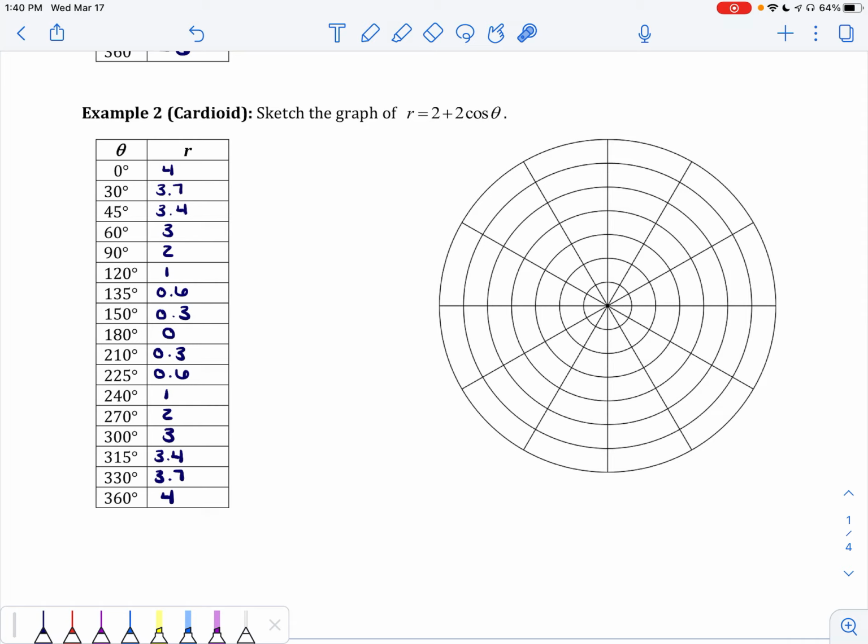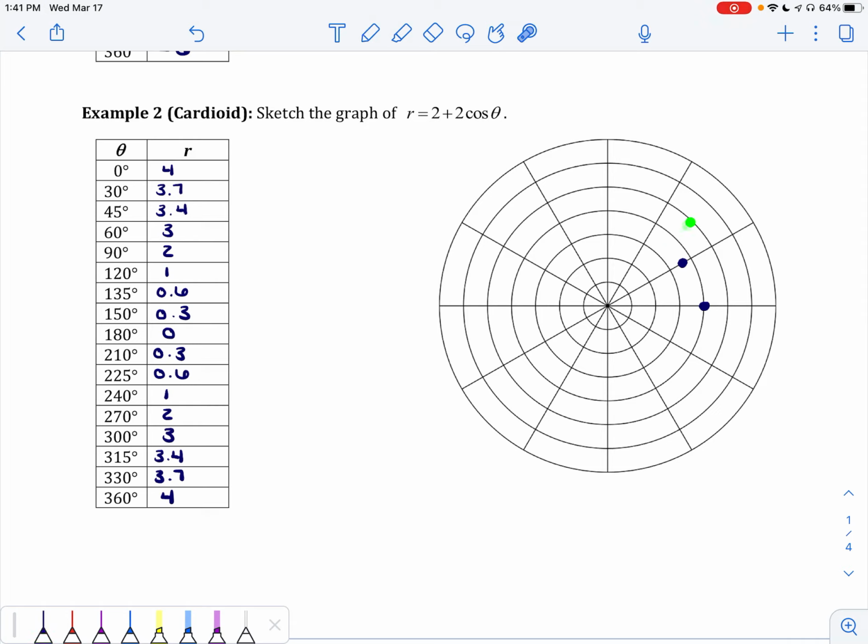Okay, all right, so let's plot these. Our first point here, we have 0 degrees with a radius of 4. So our 0-degree line right here, going out to a radius of 4, and that puts us right there. All right, then we have our 30-degree line with a radius of 3.7.